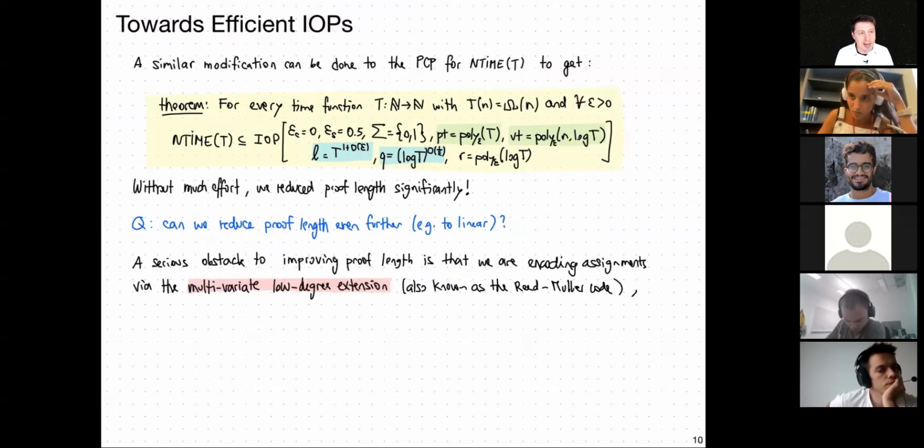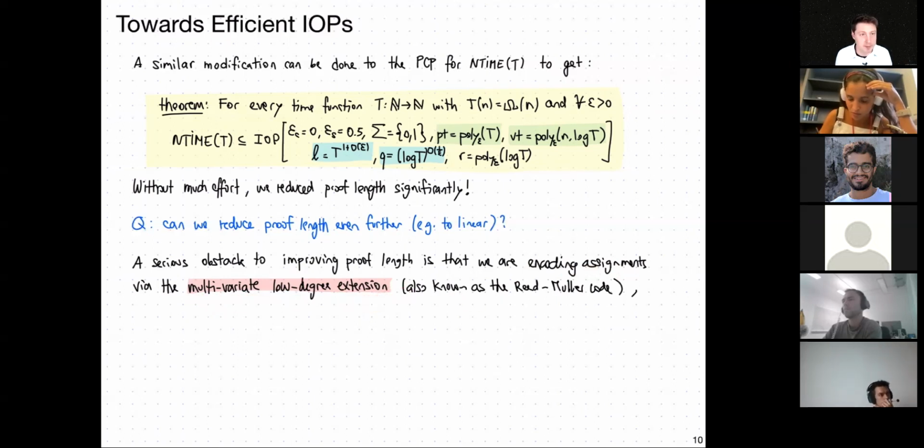But now we encounter a serious obstacle. We cannot just use randomness more, use rounds more and more. There is some inherent problem with everything we've done so far that we're going to have to somehow overcome. Everything that we've done so far is encoding assignments via the multivariate low-degree extension, this Reed-Muller code.